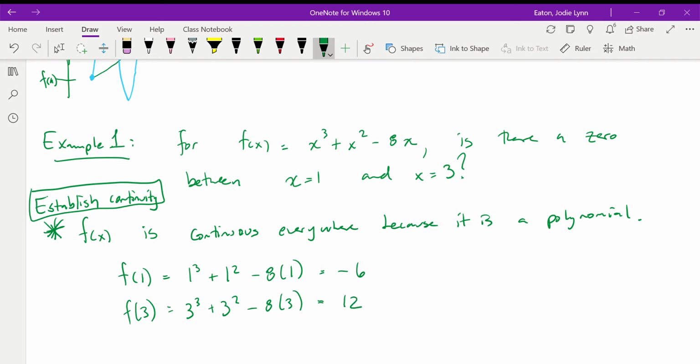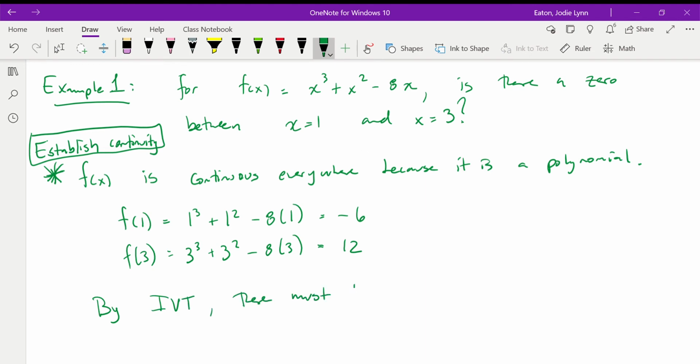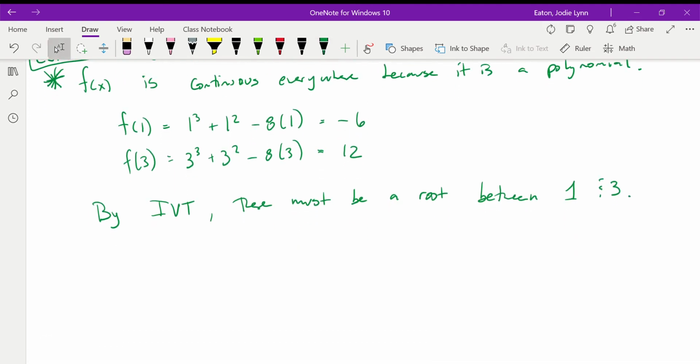So we go from negative to positive. So by the IVT, there must be a root between 1 and 3.